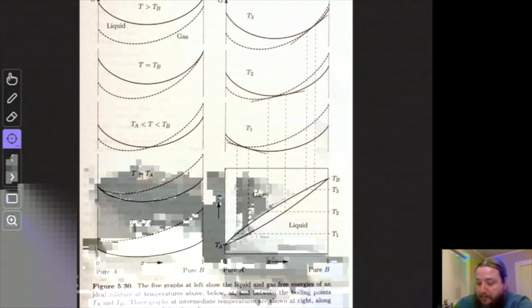And at a particular temperature between those, if, say, we have a 50-50 mix of gas coming into it, then what happens is as we hit this barrier, right?